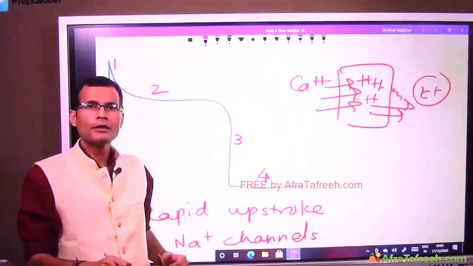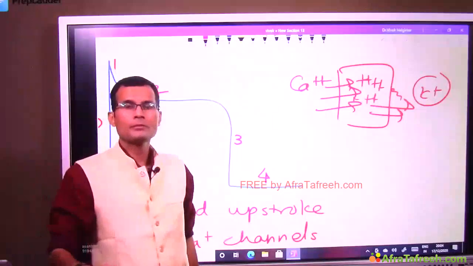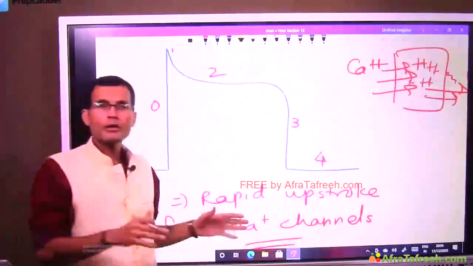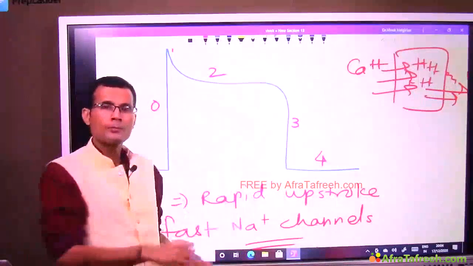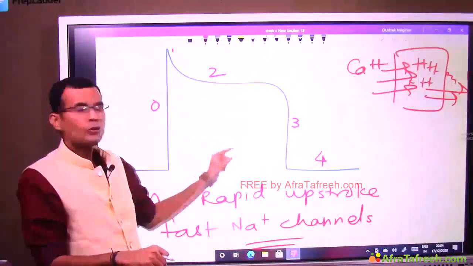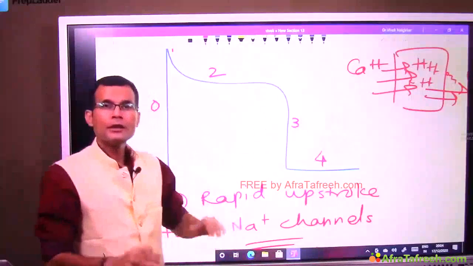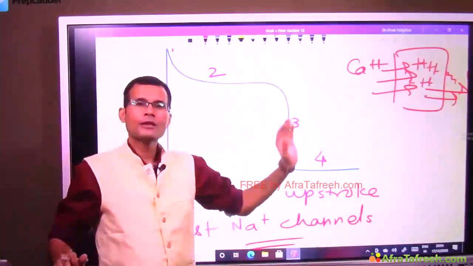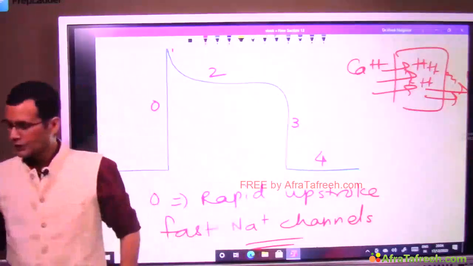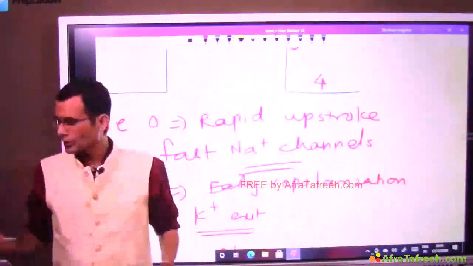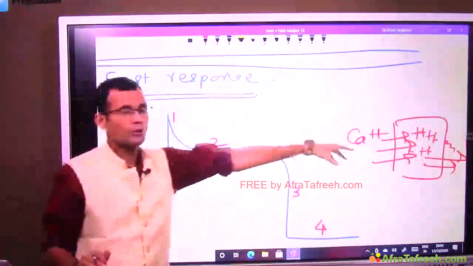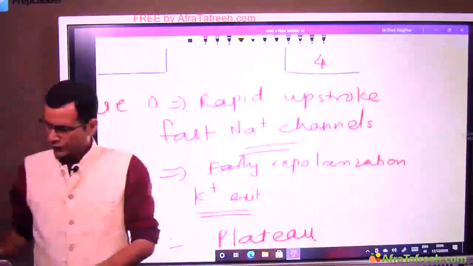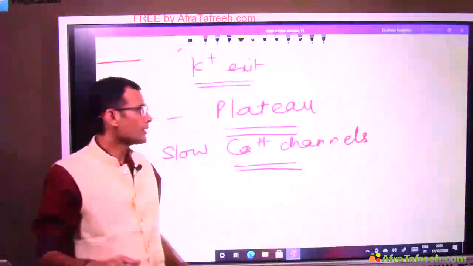We don't want that to happen. We want the action potential and refractory period of the heart to remain longer. So plateau and this long recovery is helped by the slow calcium channel, slow inward movement of calcium. It does not cause a very rapid build-up of positive charges inside the cell. Right, so plateau is caused by slow calcium channels.